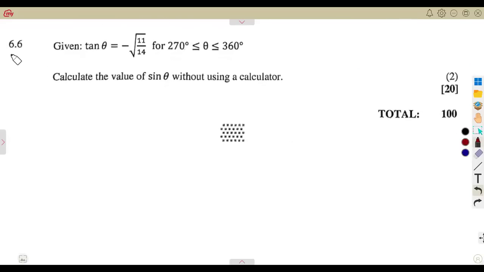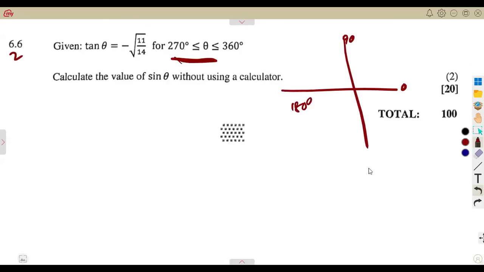6.6 we are given. The tan of theta is minus the square root of 11 over 14, with theta from 270 to 360. Which quadrant is this? From our quadrants, this is 0, 90, 180, 270 to 360.